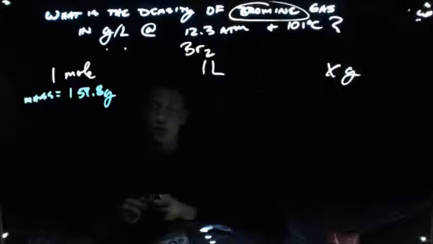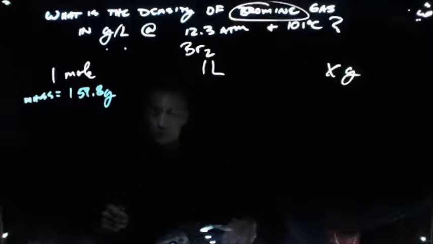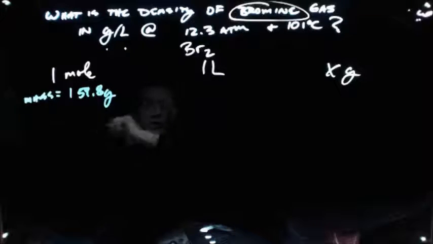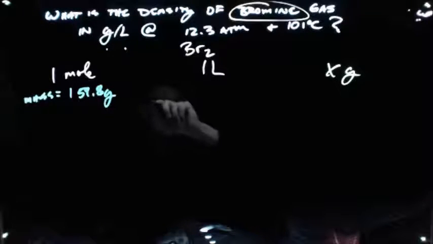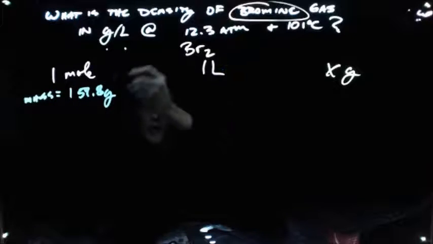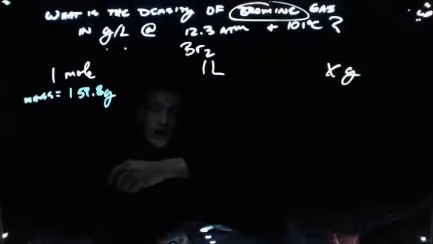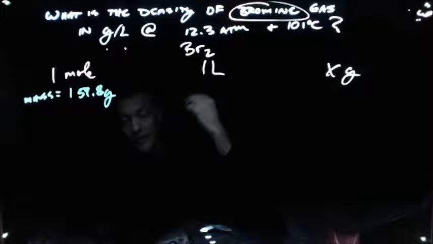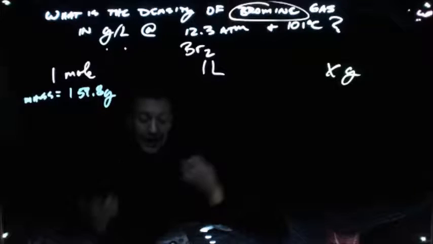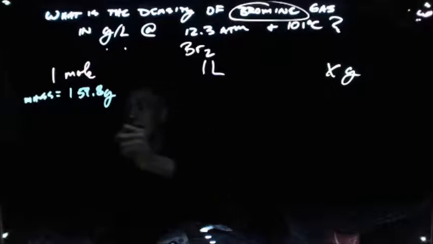Now I have to find what the volume of 1 mole of bromine would be at 12.3 atmospheres and 101 degrees Celsius. You could use the combined gas law, because 1 mole would occupy 22.4 liters at 1 atmosphere and 273 Kelvin, and then solve for the unknown volume. But I am just going to use the ideal gas law.